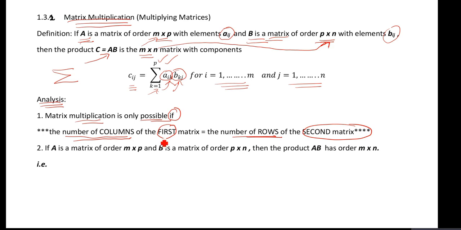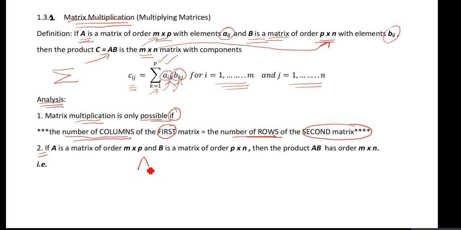Now I will merge that into number 2. If A is a matrix of order M by P, and B is a matrix P by N, then the product AB has order M by N. So let's do this from the entire definition.